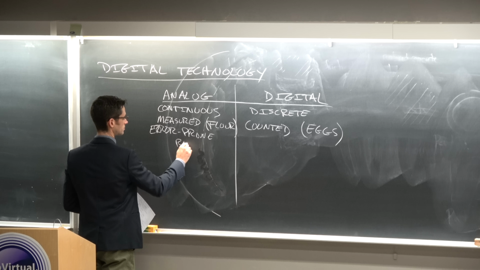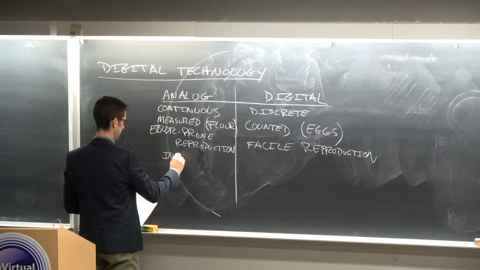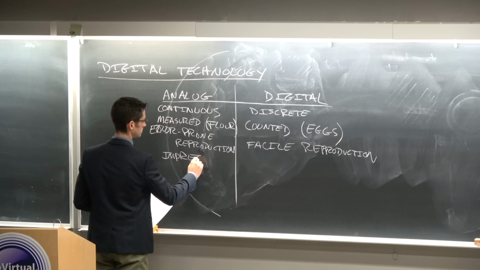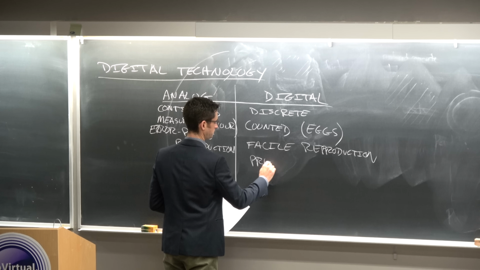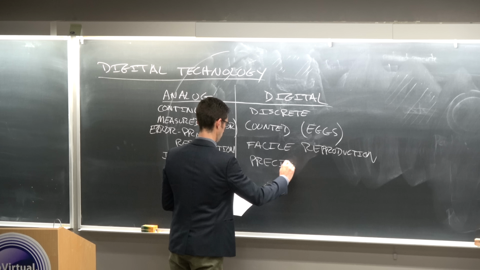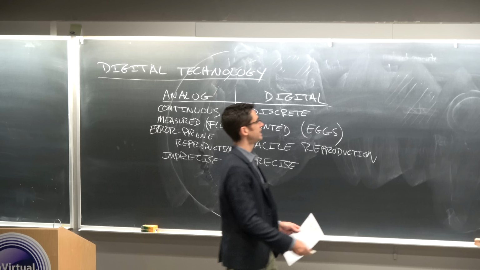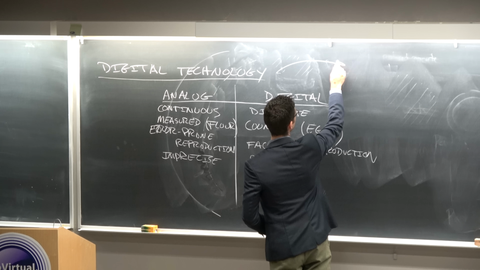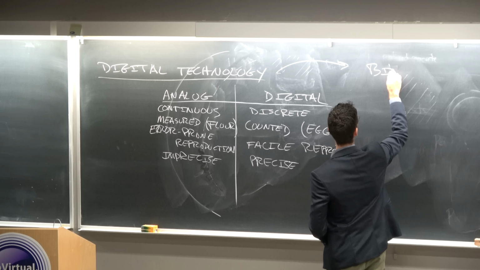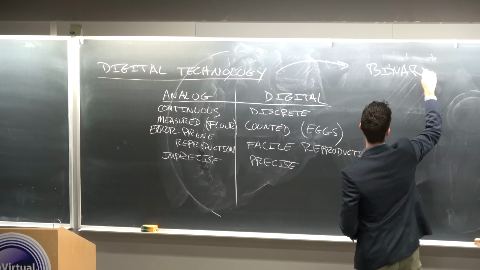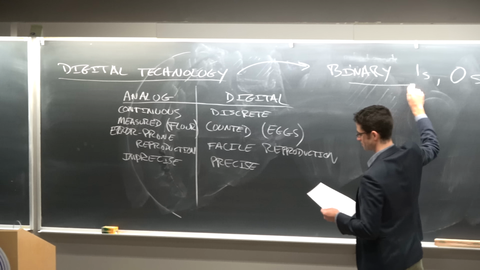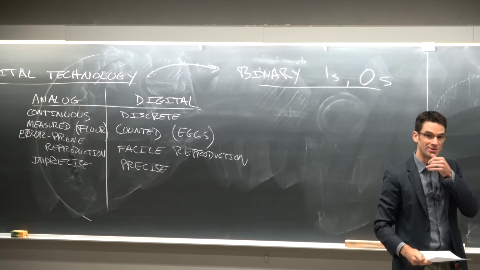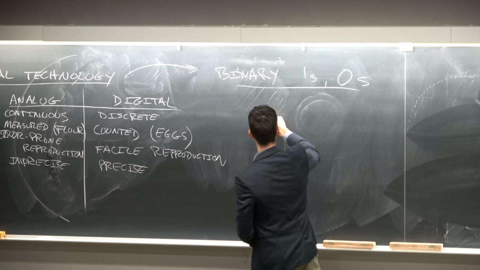And analog in general, let's say imprecise. Digital, precise. Digital computation is done in binary, so ones and zeros. Normal counting is done in decimal.